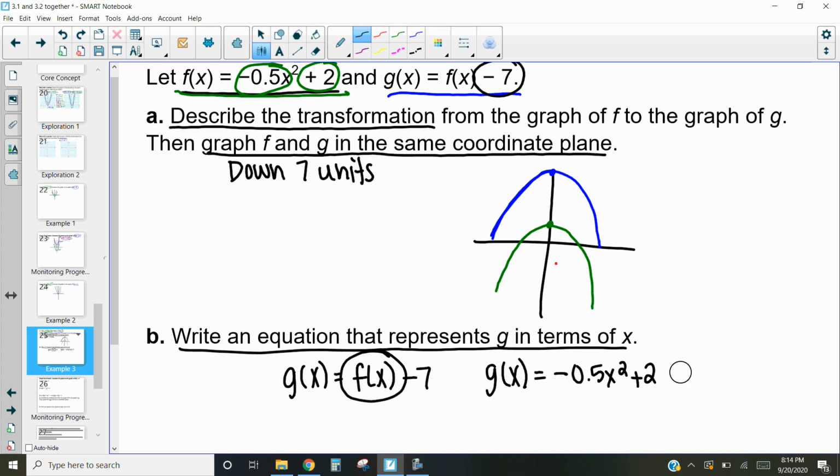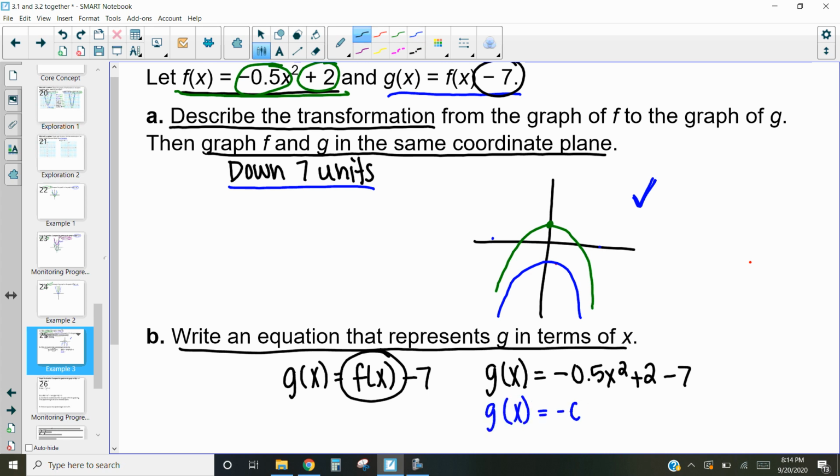Oh my goodness, I graphed that wrong. What should have happened is our blue line here should not have gone up 7. It should have gone down 7 units. And so instead of being there, we have a graph that looks the same down here. Now that looks more correct. So then as we shift it down, we have g of x equals negative 0.5 x squared minus 5.